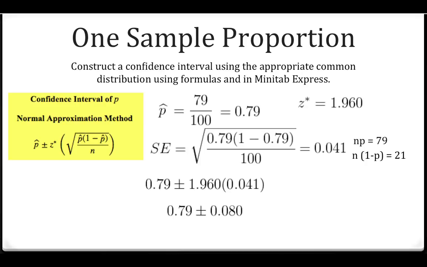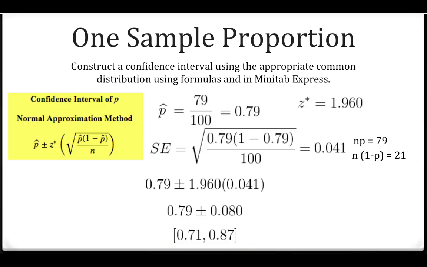We have a margin of error of 0.080 and a 95% confidence interval of 0.71 to 0.87. To interpret this, I would say that I am 95% confident that the proportion of all students in advanced level statistics courses who are statistics majors is between 0.71 and 0.87.